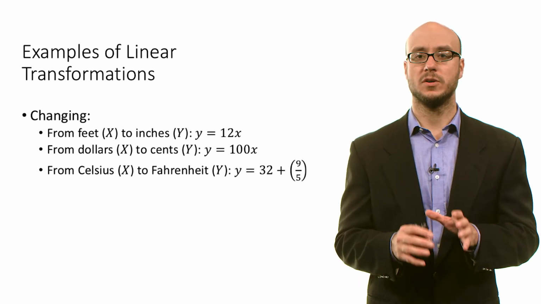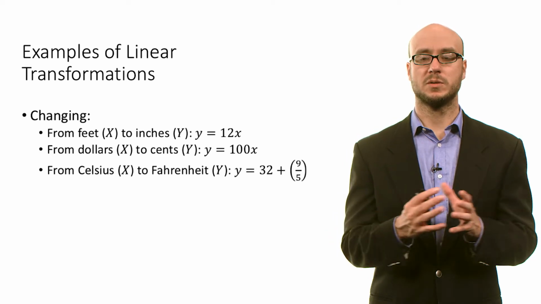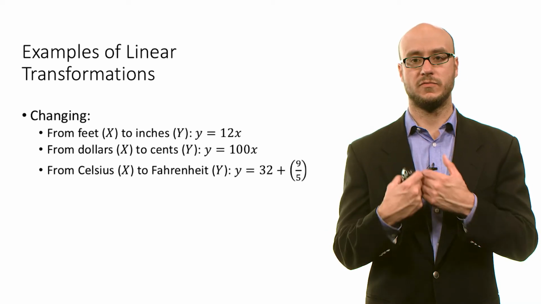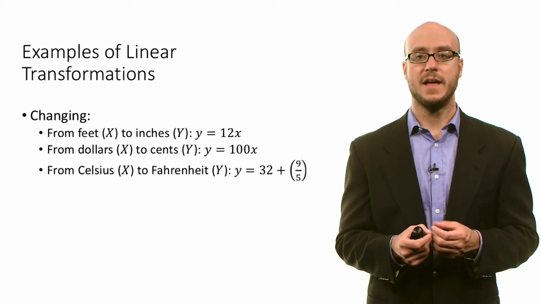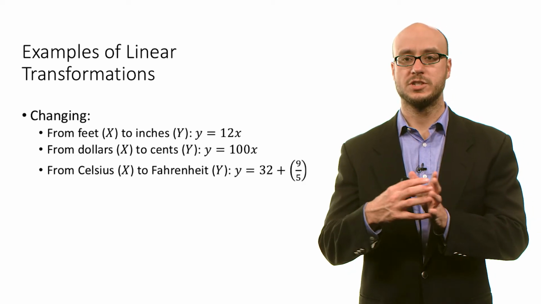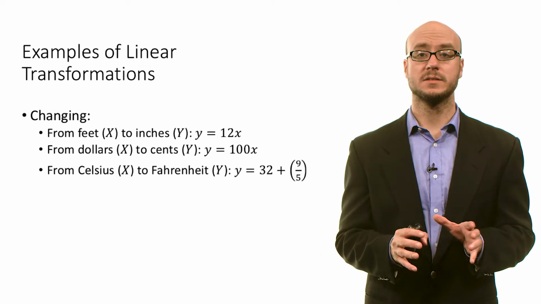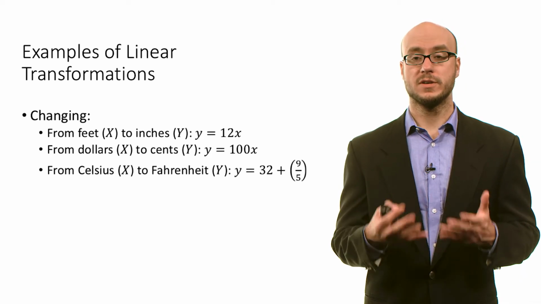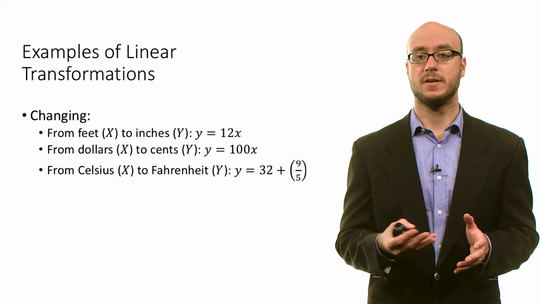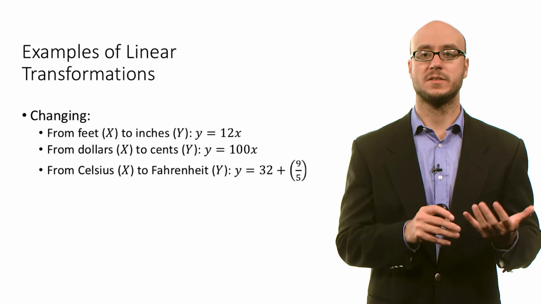So if you have degrees Celsius, we rescale the data by multiplying by 9/5, and then we're recentering, or shifting around the data, by adding 32. And 32 is no accident. 32 is simply the value at which water freezes. In Celsius it's 0, in Fahrenheit it's 32. That's why we add 32 when we want to go from Celsius to Fahrenheit.